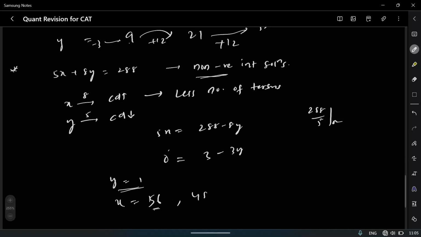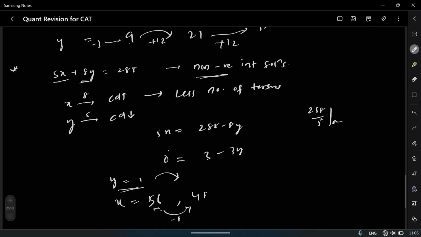The next value, since for x the common difference is 8, we are going to subtract it. Why are we subtracting it? Here we can add, since both the signs are plus.